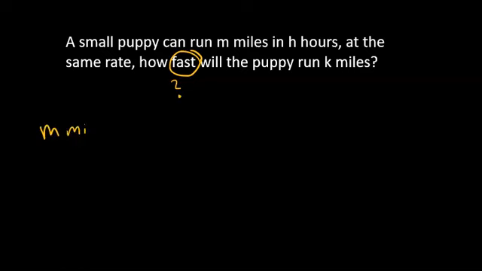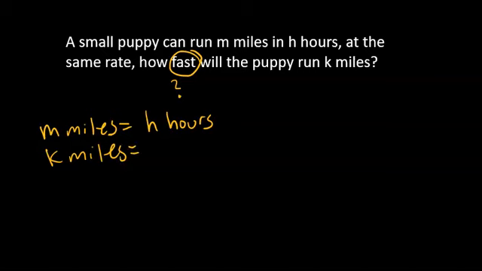M miles in h hours, right? At the same rate, how fast will a puppy run in k miles? So, hours. I wonder if I said something different earlier. I already forgot what I said. Okay, well, if there was an error earlier, whoopsies.